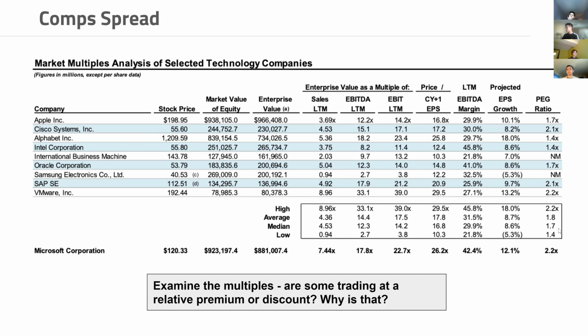And you'll be able to see ultimately what the company should be trading at based on this list of companies up here that we've decided to choose as comparable companies.